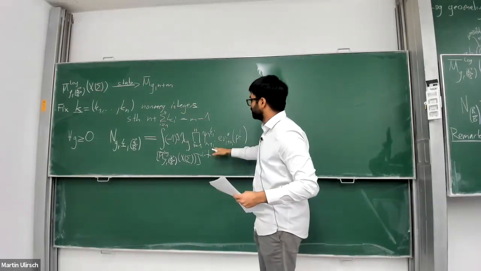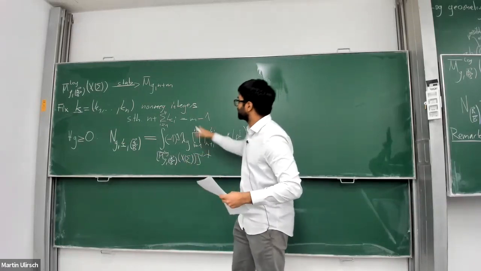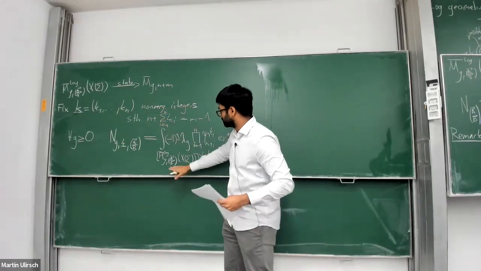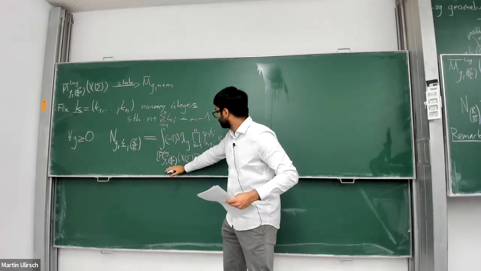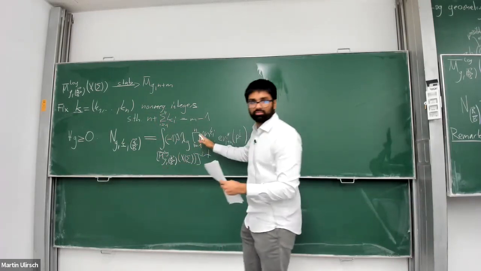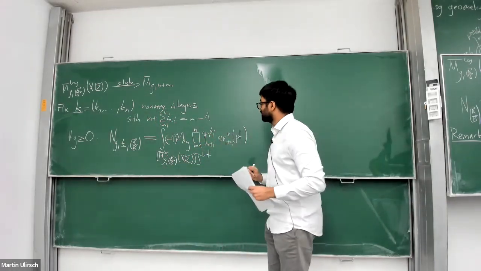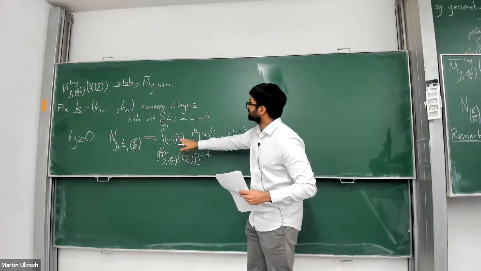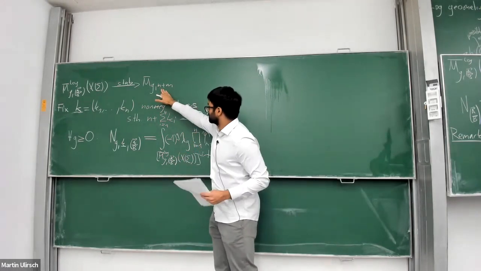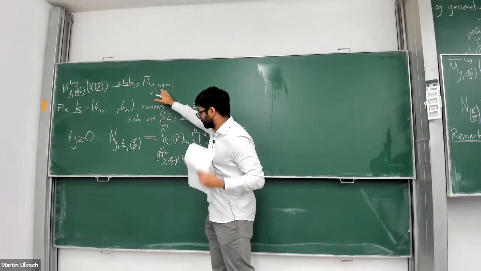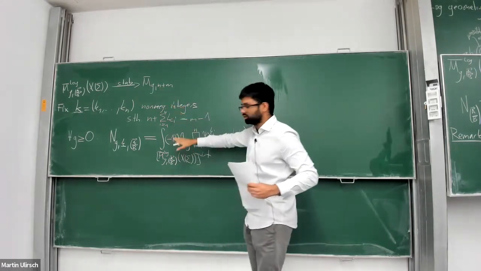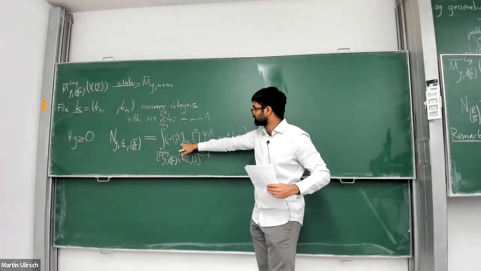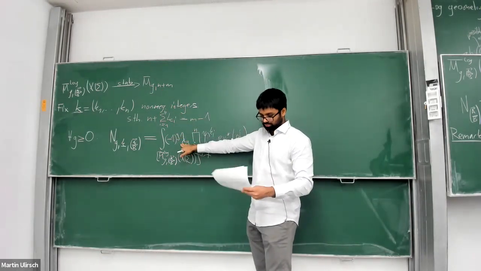And I've pulled back these classes by the stabilization morphism to my moduli space, and I've just suppressed that from the notation. And there's lambda G. There's a natural bundle on the moduli space of stable curves called the Hodge bundle, a rank G bundle, and I take its top Chern class, and that is my lambda G.